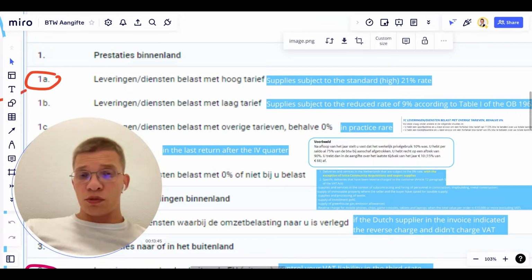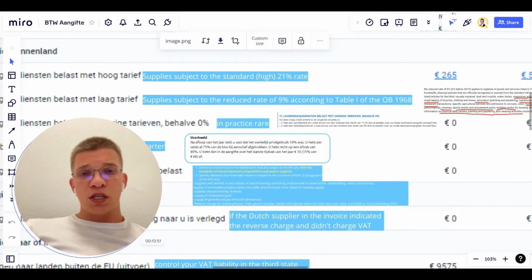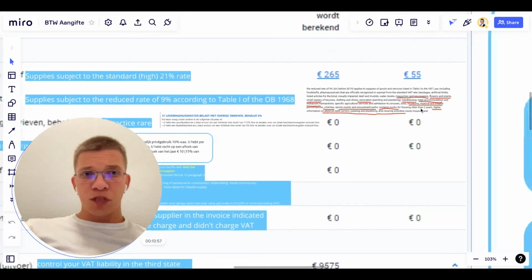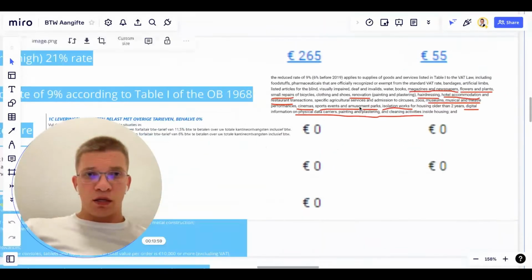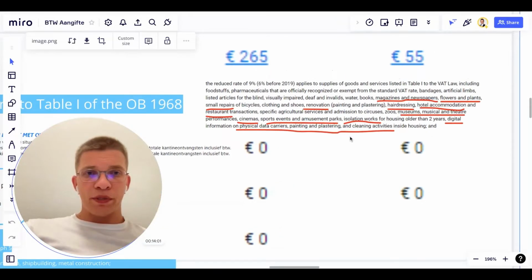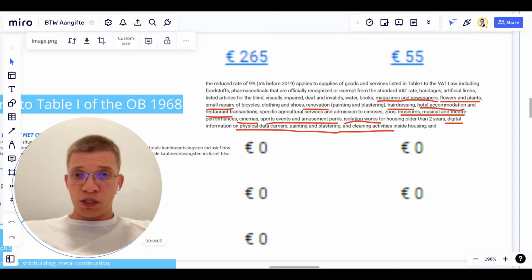So also what you render to the Dutch residents, in terms of services, but with a lower 9% rate. Here I copied the usual items of goods and services which are subject to the lower 9% rate.